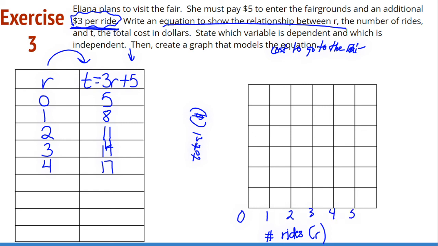And now I have to figure out what I'm going to do on the y-axis here. Once again, I can't just go 5, 8, 11, and 14 because I have to have that nice even interval. So I've got to pick something that's going to be reasonable for me to work with.